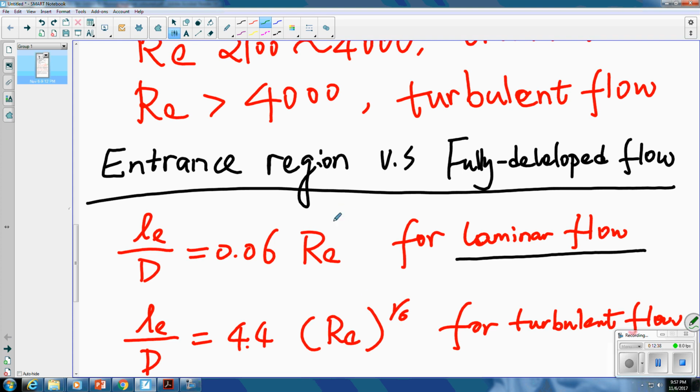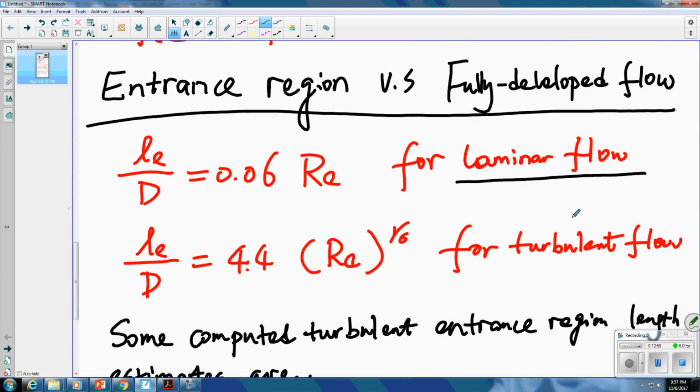If I plug 2000 in here, your entrance region length will be about some small number times your diameter. So when you have laminar flow, your entrance region will be comparatively a short region, right?